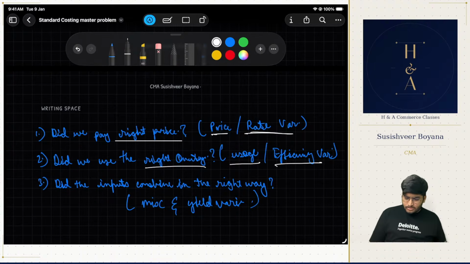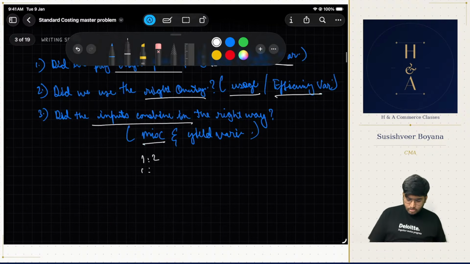Was my efficiency good? When the inputs are combined, is the mix ratio right? If it should be 1 is to 2, did I do maybe 1 is to 2.5? Or did I do 1 is to 0.75? All these questions should be asked.